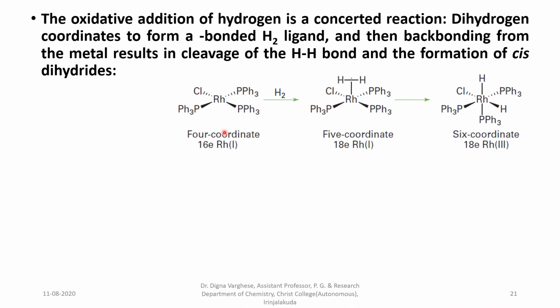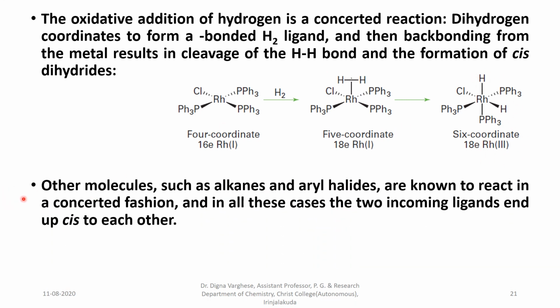For example, the 4-coordinate 16-electron rhodium(I) complex undergoes oxidative addition with hydrogen, forming a bond with rhodium and cleavage of the hydrogen-hydrogen bond to give the cis product. Other molecules such as alkanes and aryl halides are known to react in a concerted fashion, and in all these cases the 2 incoming ligands end up cis to each other.